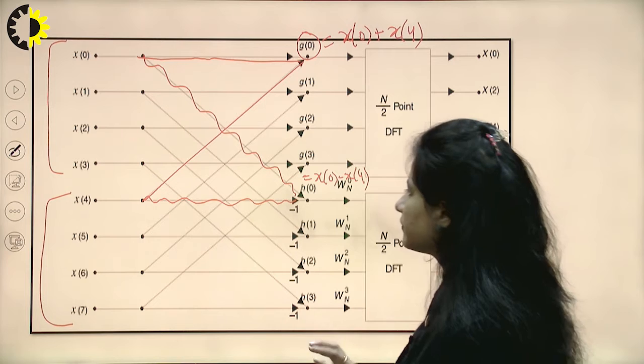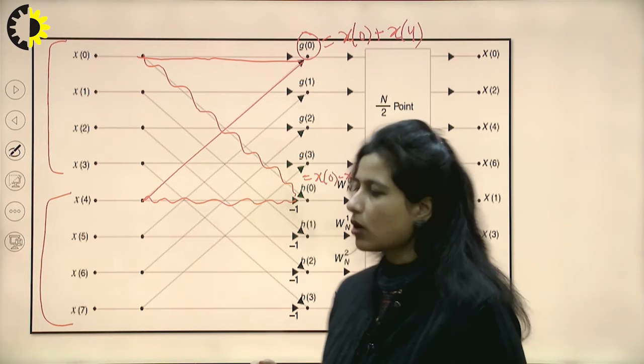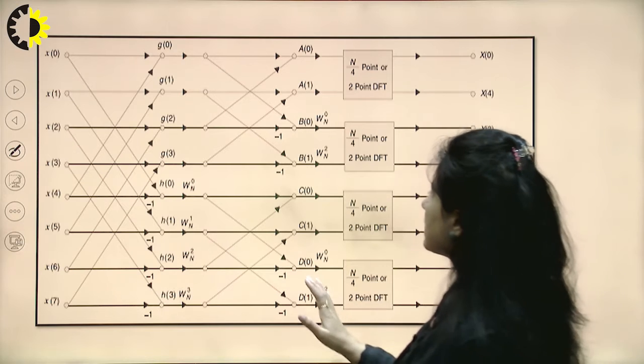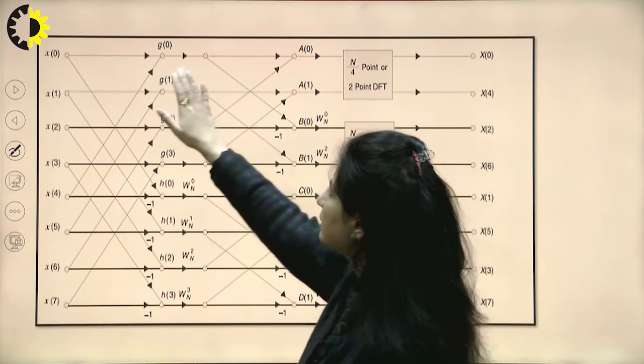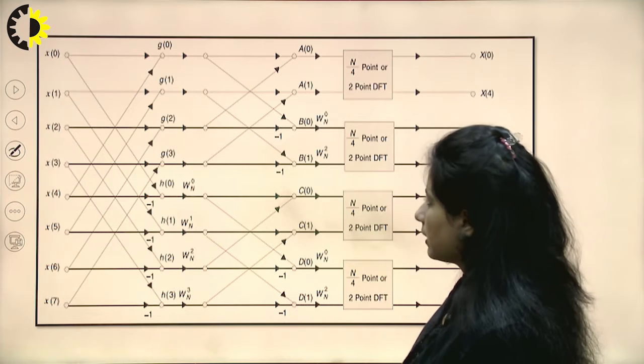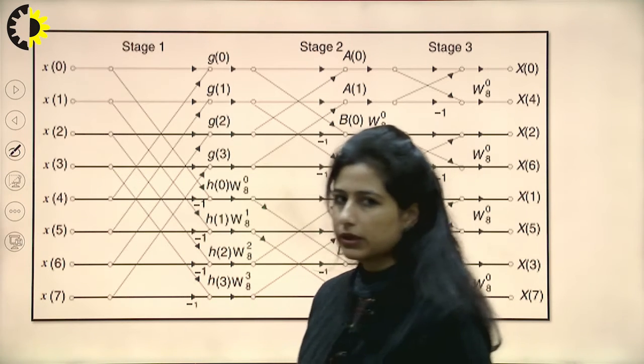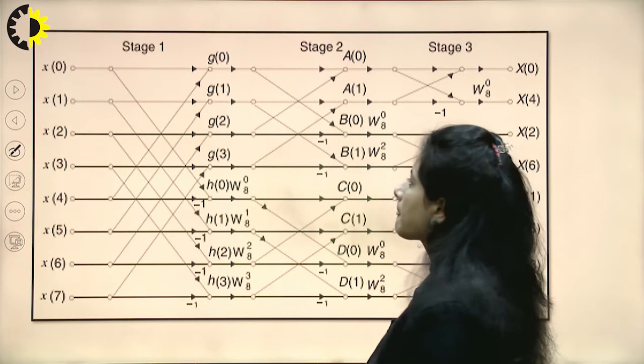So this is how the first stage of the graph comes out with the algorithm. Similarly, we can solve for the second stage of the graph, and similarly other points can be calculated. So this algorithm can be extended up to any stage depending upon the value of n.